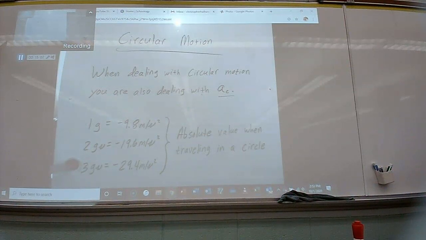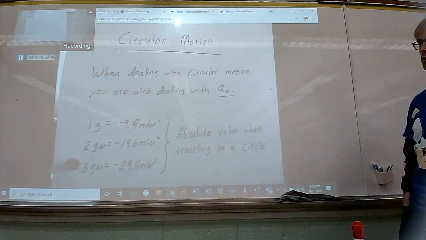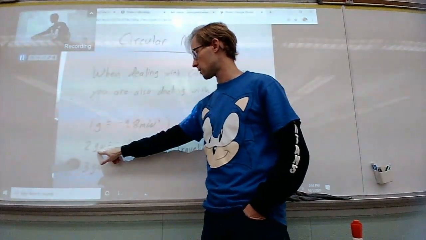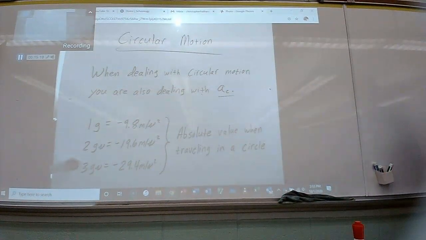This is like if you're experiencing a force because you're moving in a circle, maybe you feel a lot heavier than you normally would. If you feel twice your weight, you would be experiencing 2 G's.